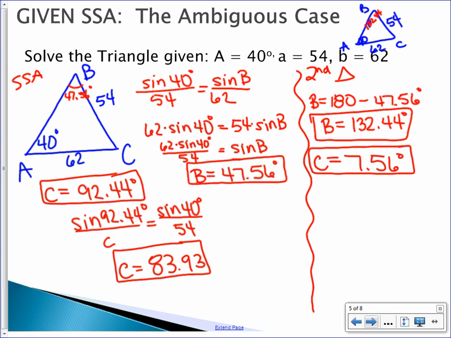Okay, now in this second triangle, we have side C left. Our second triangle has an angle for C of 7.56. So we're going to say the sine of 7.56 over this side C should be equal to, okay, we can grab our A angle and side, sine of 40 degrees over 54.